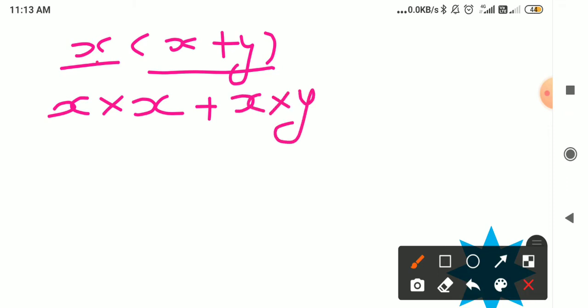First multiply x with x and then multiply x with y. So here you will get x into x is equal to x square and x into y is equal to xy. So the multiplication of x into bracket x plus y is equal to x square plus xy.